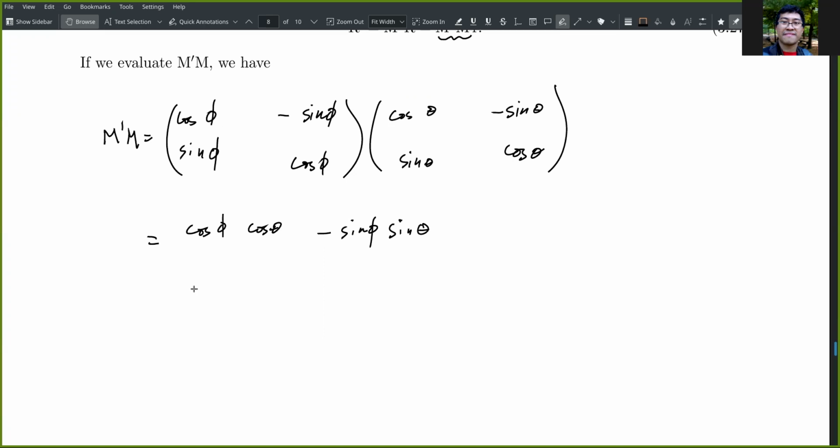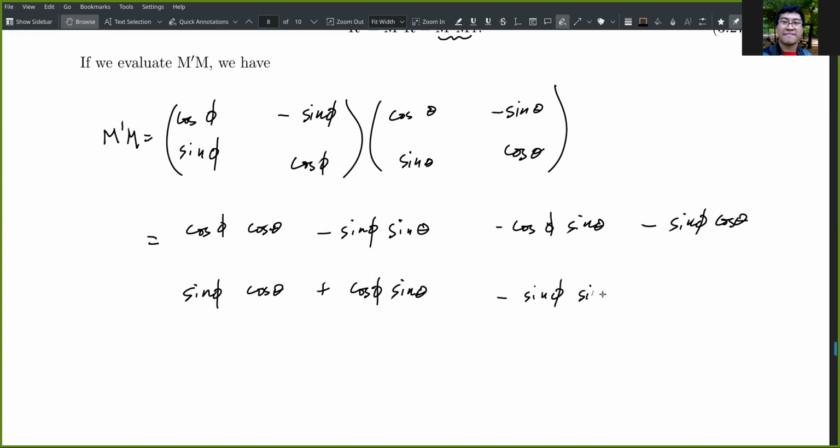Then you have sine phi cosine theta plus cosine phi sine theta. Then you have negative cosine phi sine theta minus sine phi cosine theta. And finally, negative sine phi sine theta plus cosine phi cosine theta.